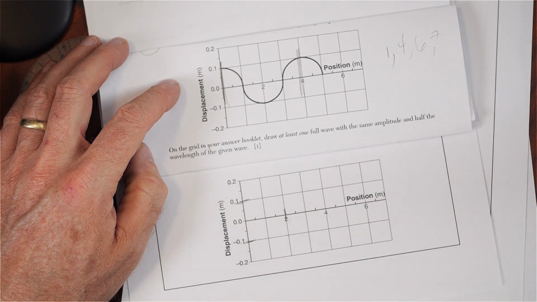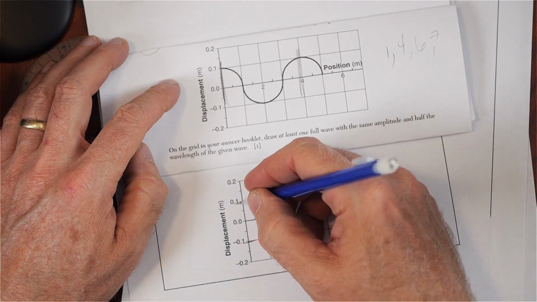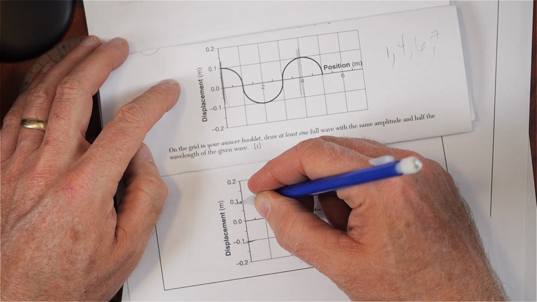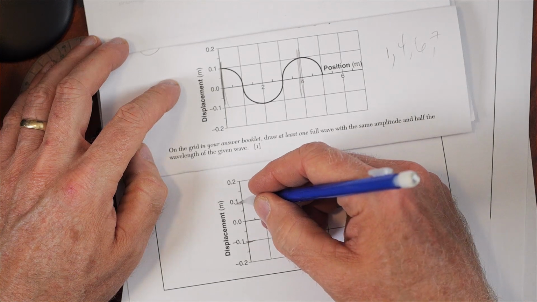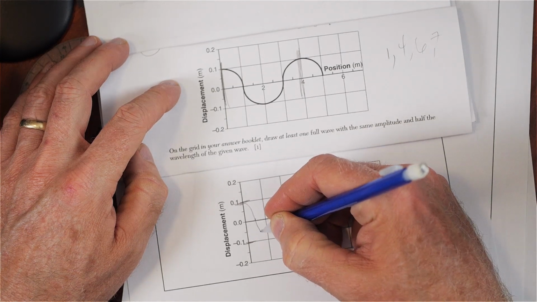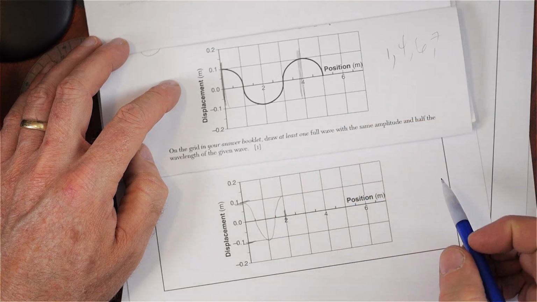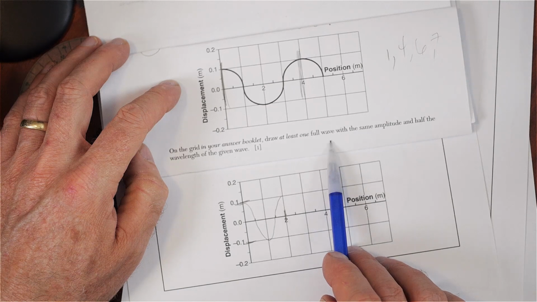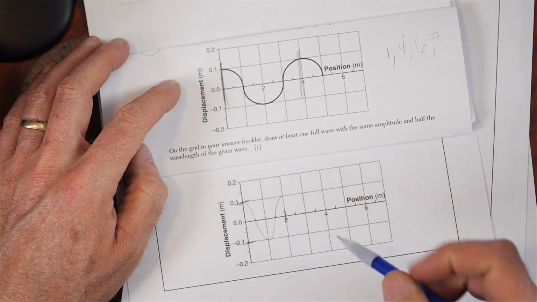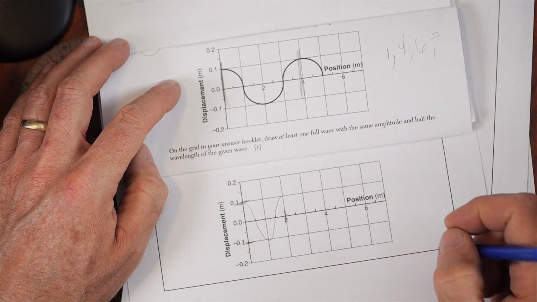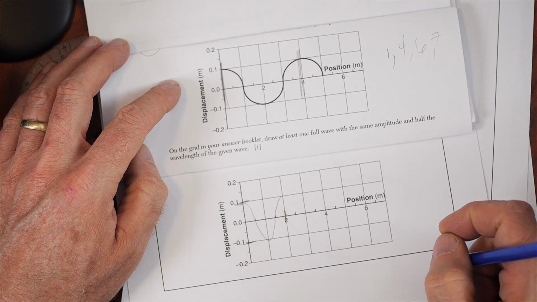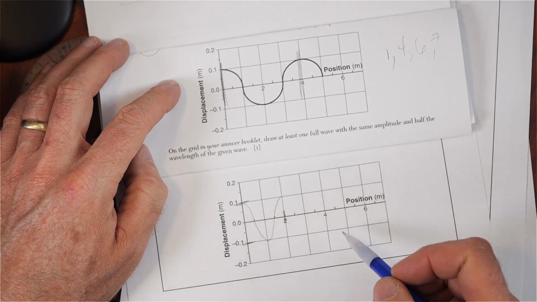If we start it and draw it like a cosine wave, we're going to start up here. Halfway between, we're going to be down here. So we're going to kind of go like that, and there we go. At least one full wave, so I've drawn one full wave. If I wanted to keep going, I could, if I wanted to be an overachiever. But anyways, there you go. Same amplitude, half the wavelength.